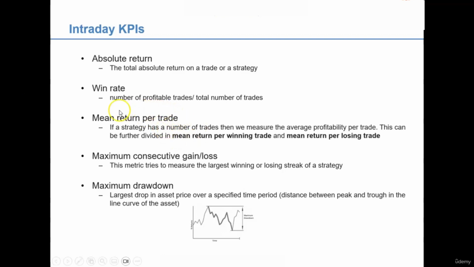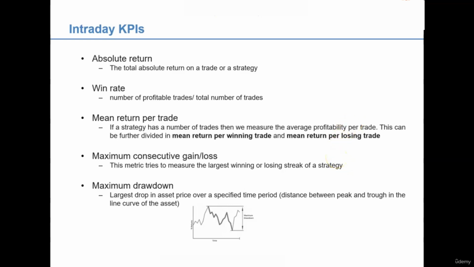However, I have not seen anyone using mean return per trade. We use a slight iteration of this particular KPI, which is mean return per winning trade and mean return per losing trade. So what we do is segregate our trades by whether they were winning trades or losing trades, whether they had a positive return or a negative return. And then we calculate the mean return for every single trade that was profitable.